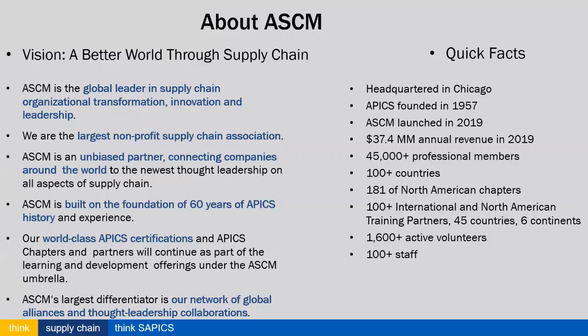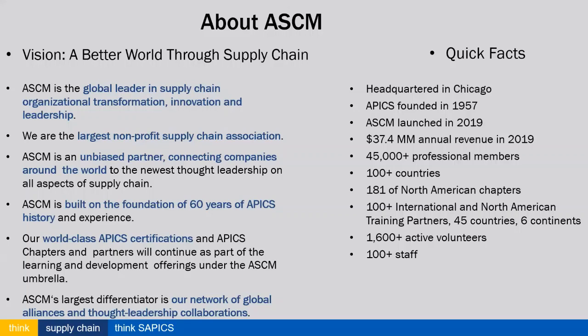ASCM was built on the foundation of 60 years of APICS. So initially, ASCM used to be called APICS, but in 2019, the name was changed from APICS to ASCM. We are world-class in certification programs, and I'm sure a lot of you are quite aware of the different certification programs we hold, such as the CSCP, the CPIM, the CLTD, and other endorsements and courses that we run.